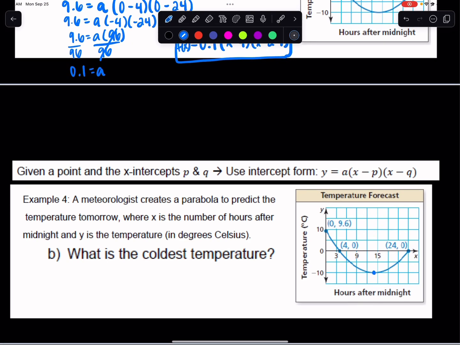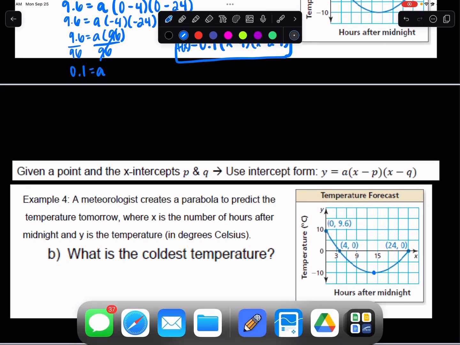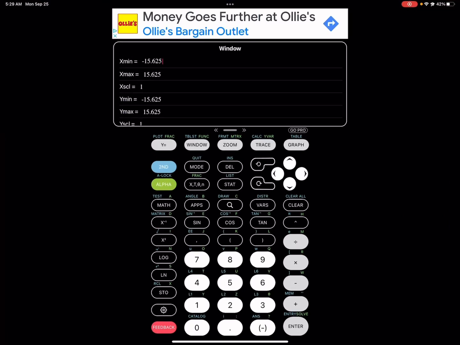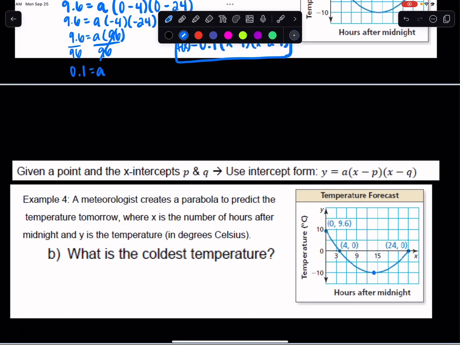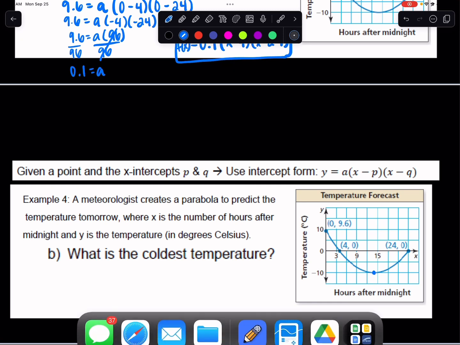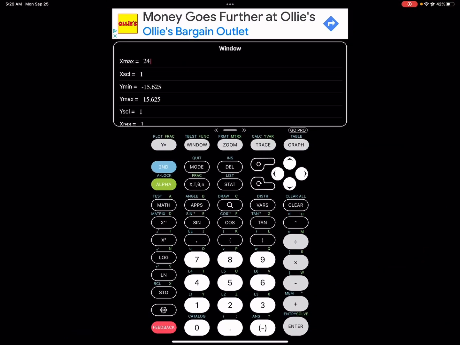So my x values go from 0 to 24, and my y values go from about negative 15 to positive 15.